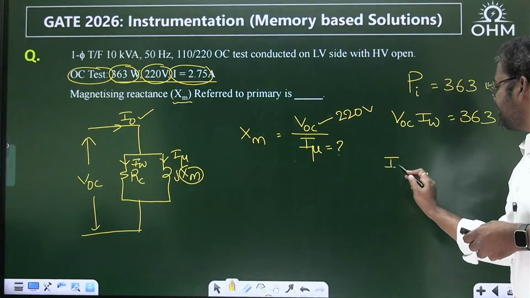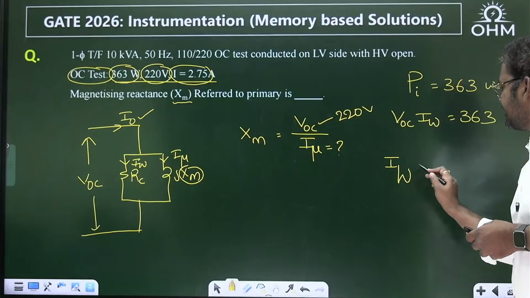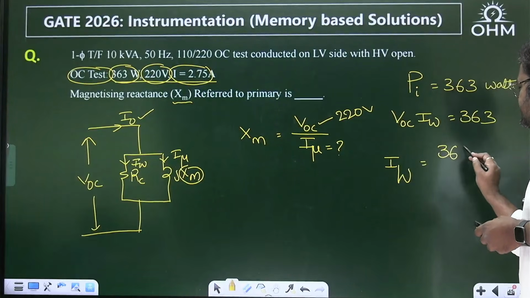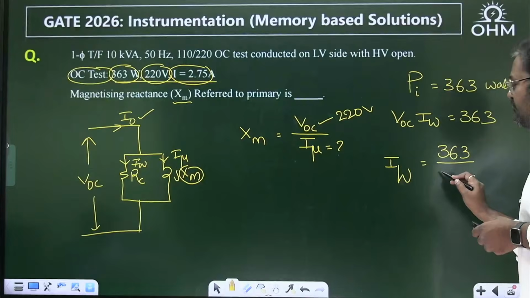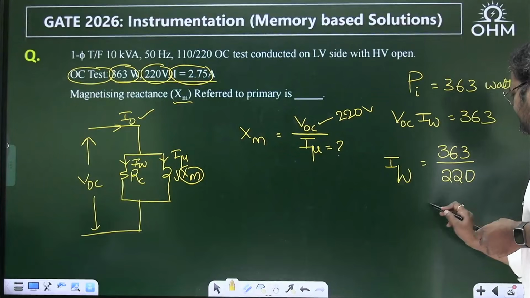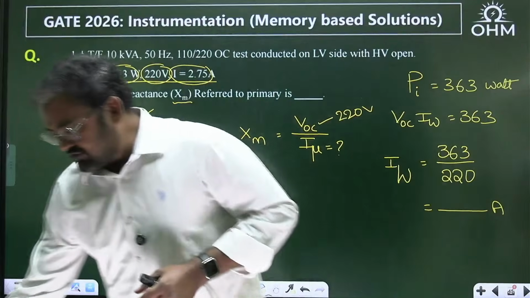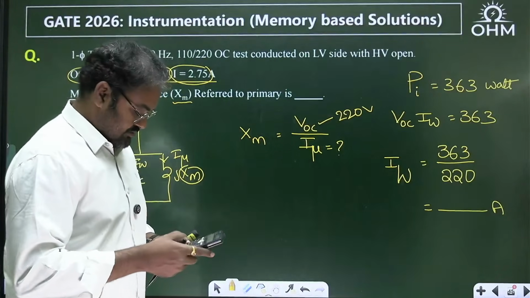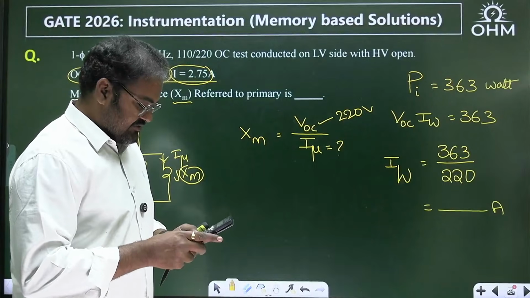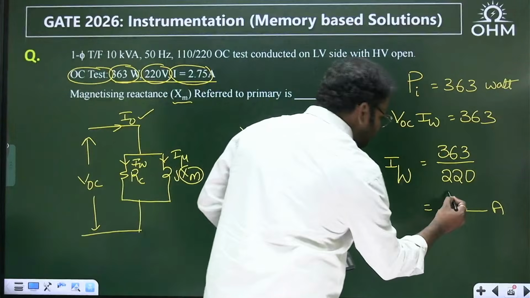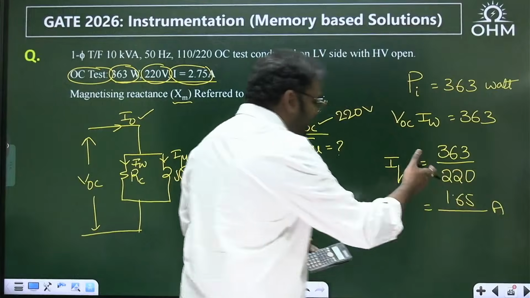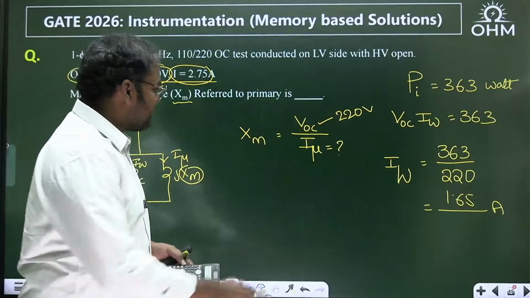From this, first we can find the IW value, that is the loss component current: 363 divided by voltage 220. You can use a calculator and you will get the IW value. Let me use the calculator. 363 divided by 220 gives 1.65 ampere.